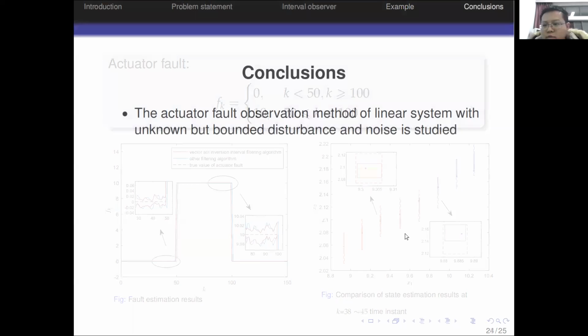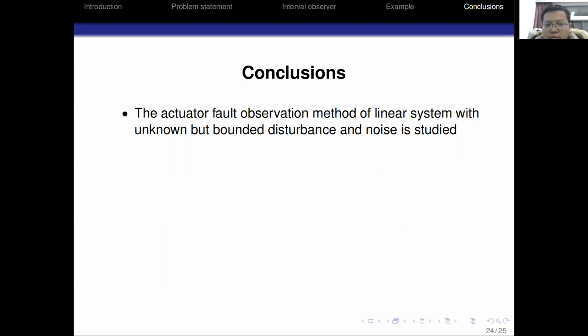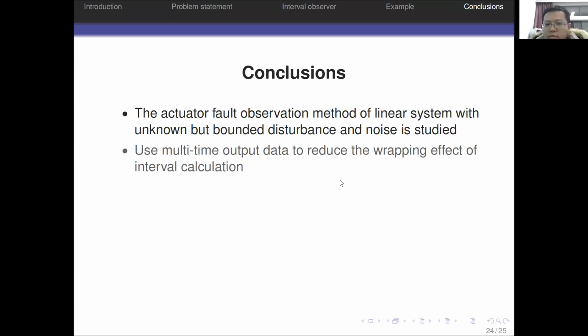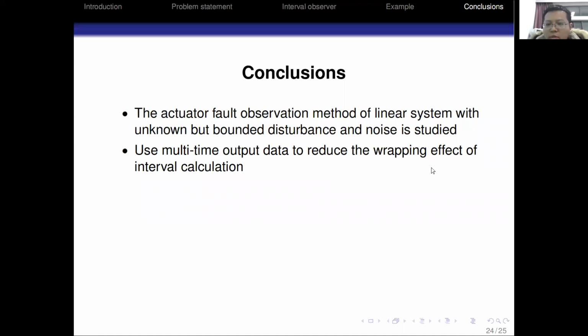At last, we give some conclusions. First, the actuator fault observation method for the linear system with UVB disturbance and noise is studied in this talk. And we use multiple time output data to reduce the wrapping effect of the interval calculation.